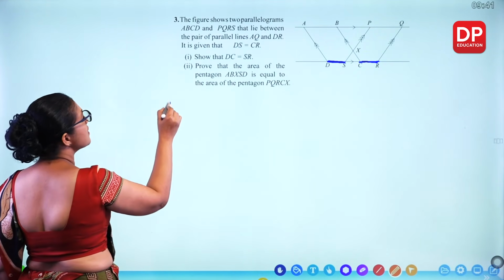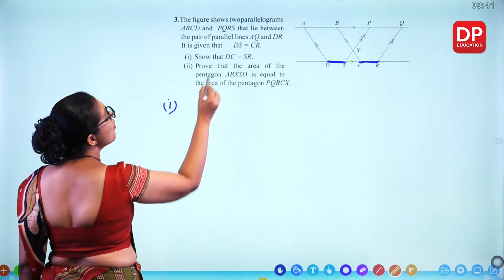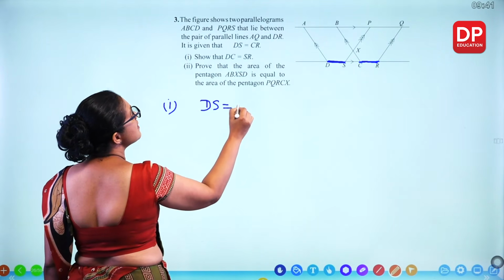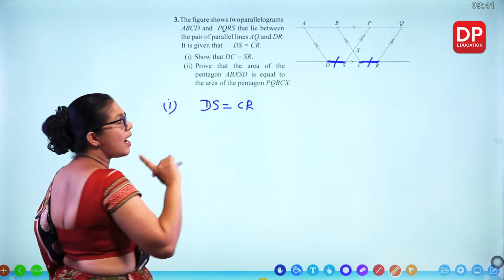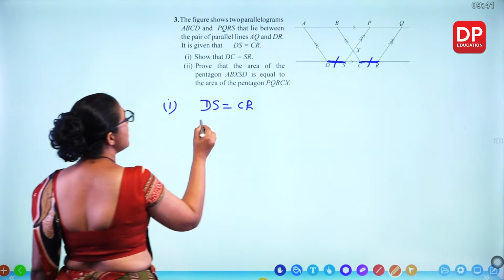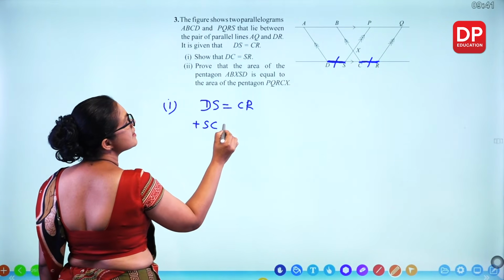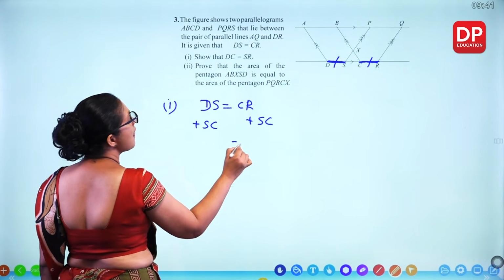How can we show that? According to the diagram, we know DS is equal to CR. This is given. I want to add SC to both sides. What happens?